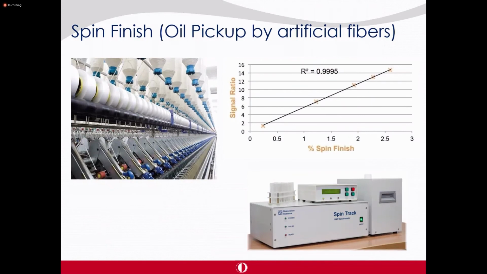By the textile industry, oil pickup by fibers is used again with a similar sequence. This is known as spin finish. So for the textile industry, it also has a use.